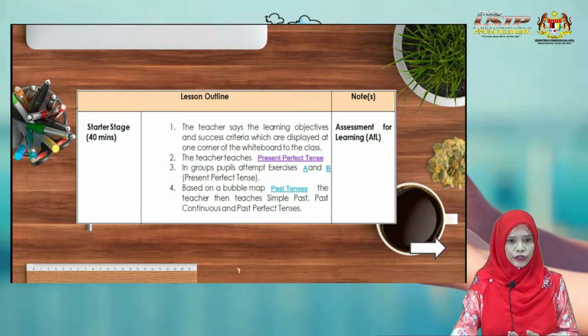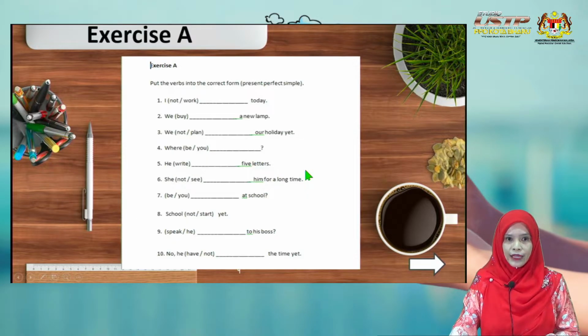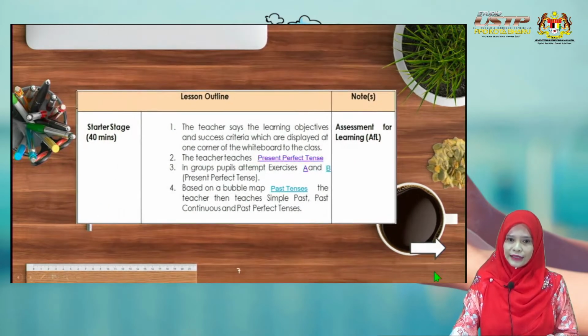Then, in groups, pupils attempt exercises A and B for present perfect tense. This is exercise A, and this is exercise B.